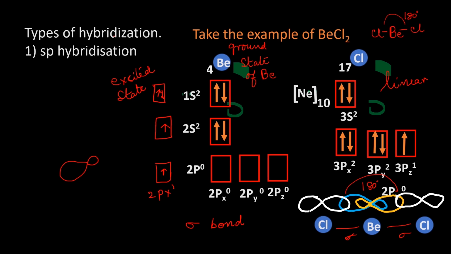Then it directly takes part in bond formation, meaning one bond of beryllium with chlorine will be with the 2s orbital and the other bond will be with the 2px orbital. Then the energy level of the two bonds will be different and the shape or the angle between the bonds cannot be explained. The two bonds will be different then.